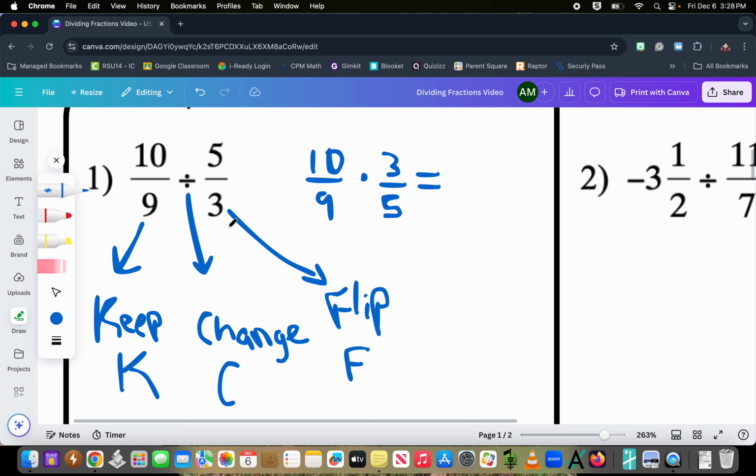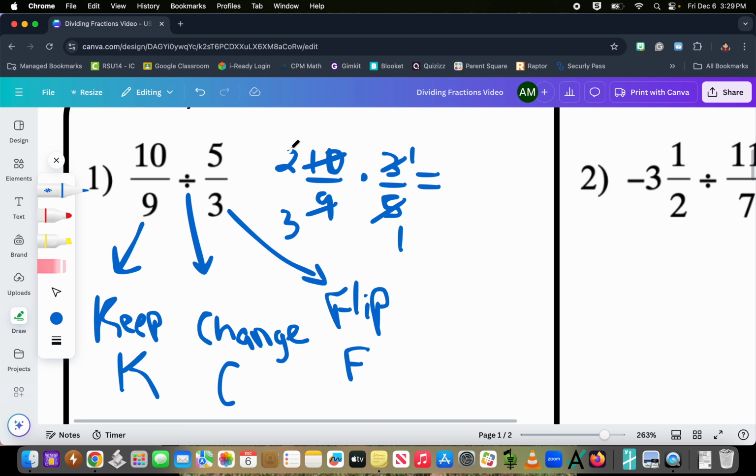So I'm going to divide both by 5. 5 divided by 5 is 1. 10 divided by 5 is 2. And I can do the same thing on this side, 9 and 3. The largest common factor these two share is 3. So 3 divided by 3 is 1. 9 divided by 3 is 3.